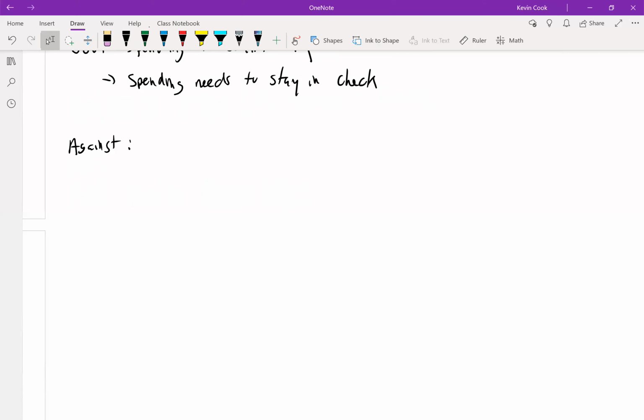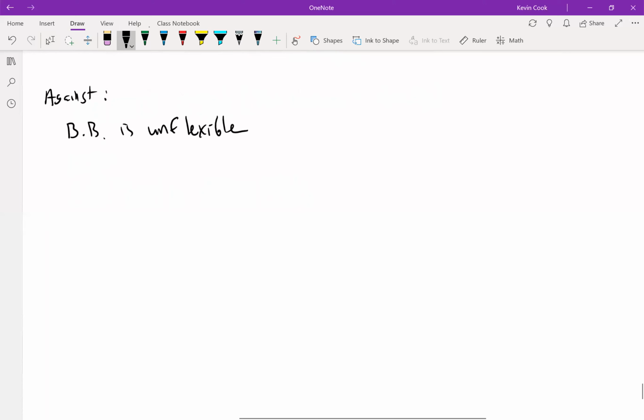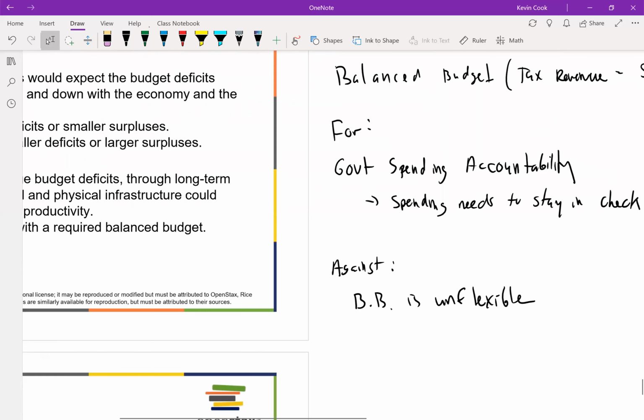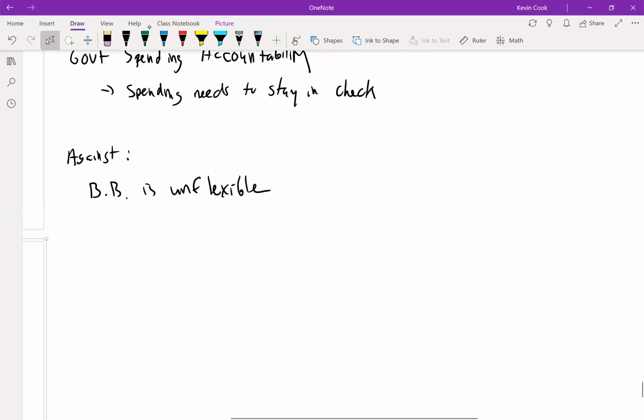So when we think about against it, we run into two situations though. We're going to make the case that a balanced budget is inflexible. What does this mean? It means two things.